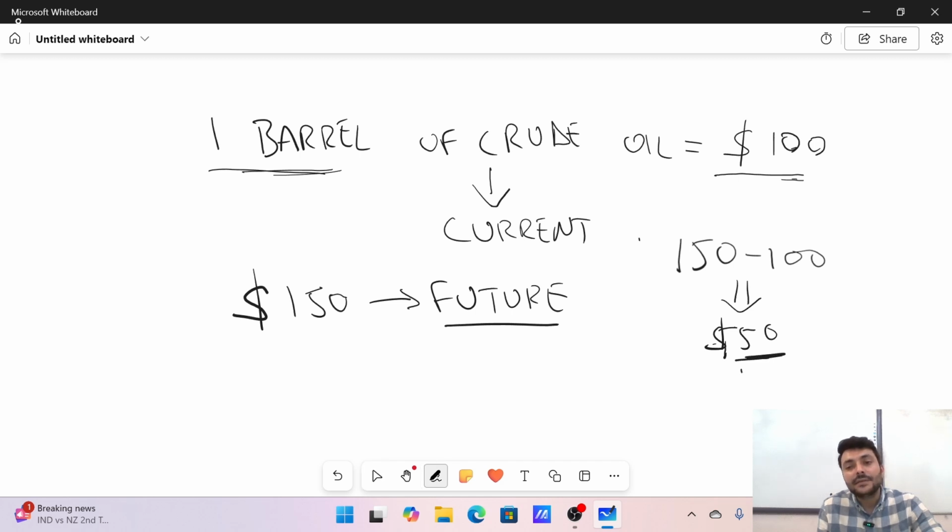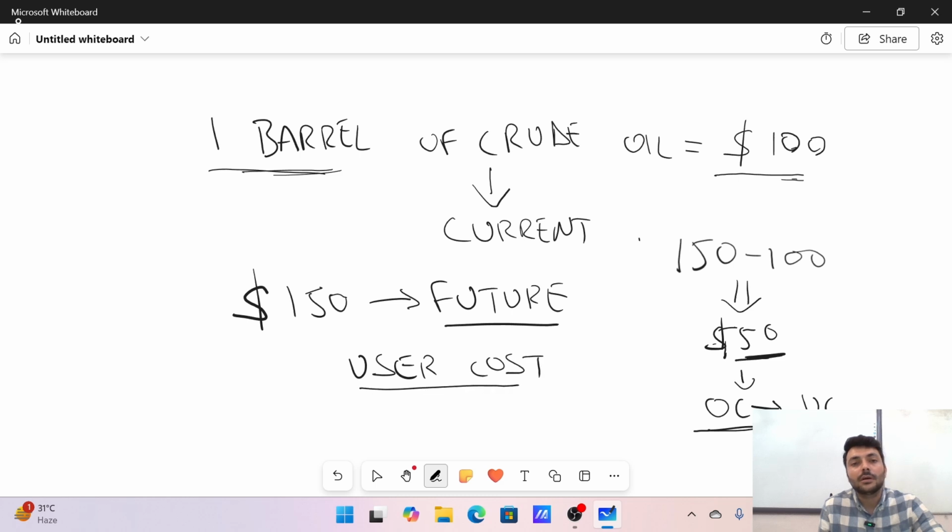And this $50 is nothing but the opportunity cost. In the case of optimization of exhaustible resources, we call this opportunity cost the user cost.